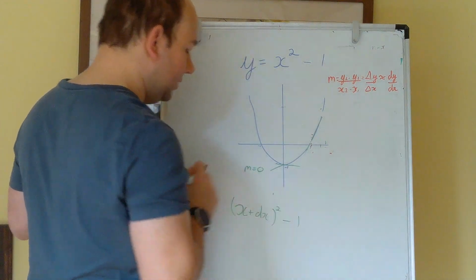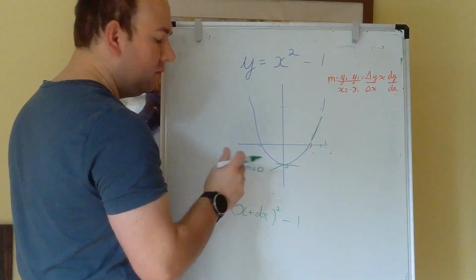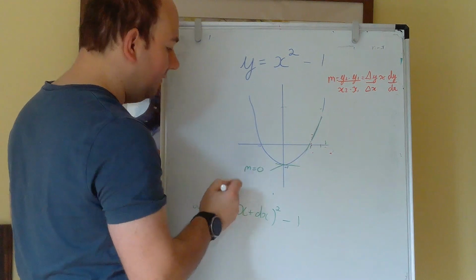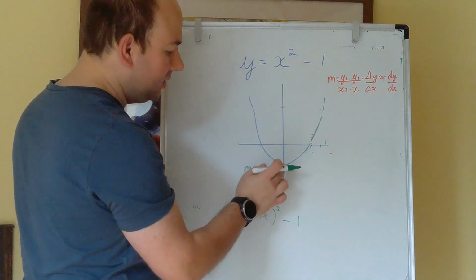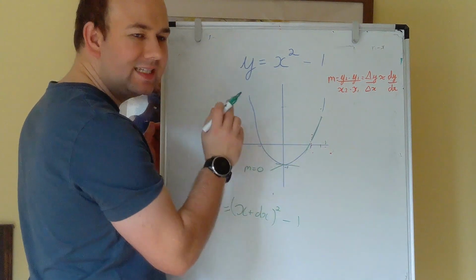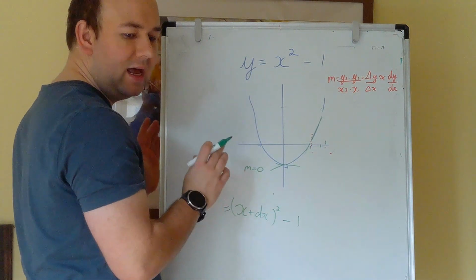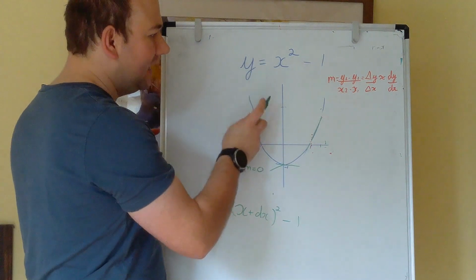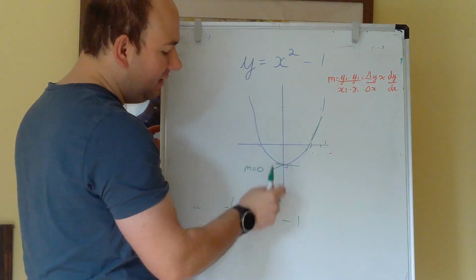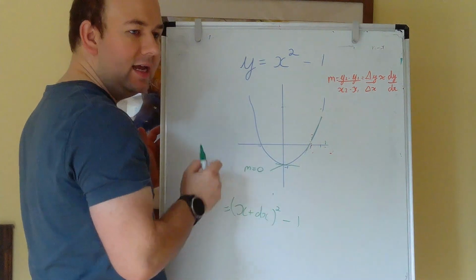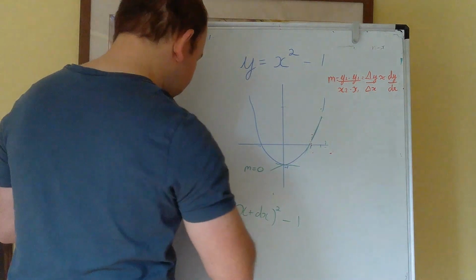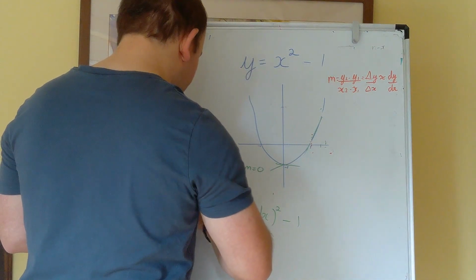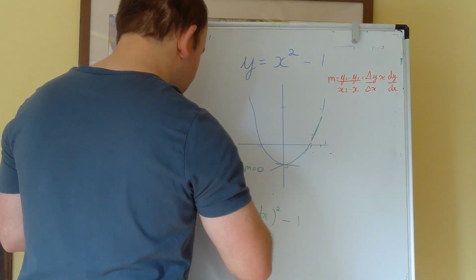The minus 1 stays where it is. So what does this do to our y value? Well, our y value is going to go up a tiny amount as well, because the assumption is that our function is such that a very small change in x is also going to produce a very small change in y. So we can change this to y plus dy.